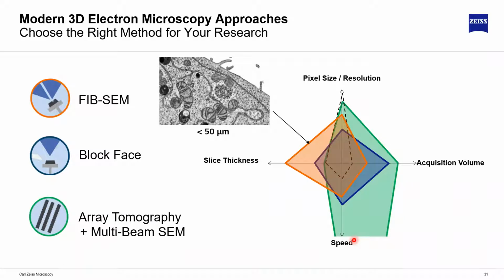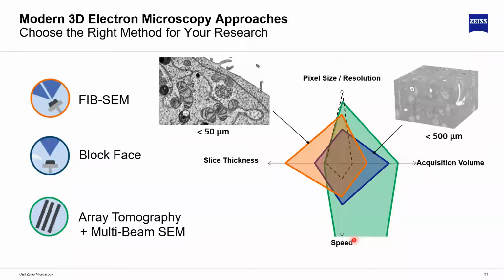So for example, FIBSEM tomography is often used for single cells, sometimes for very localized areas in the brain. A single cell acquired with FIBSEM is often the best combination, where we want to have the highest resolution, and the volume of a single cell is so limited that focus ion beam gives us really the best quality of data in the third dimension as well as in the block phase dimension.